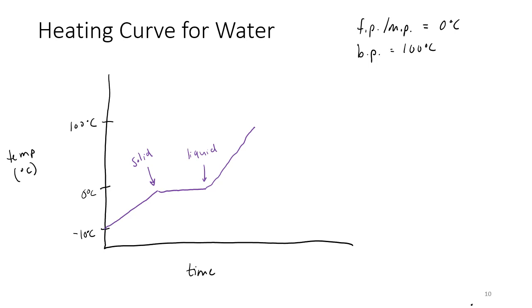At that point, we will have liquid water at 100 degrees C. Any energy that we keep putting into the system will be used to vaporize, or convert, our liquid water into gaseous water, still at 100 degrees Celsius. If we keep heating it up, we can keep warming up our gas to some temperature. Let's just say maybe we keep heating it to 115 degrees Celsius. In theory, we could keep heating it higher and higher.